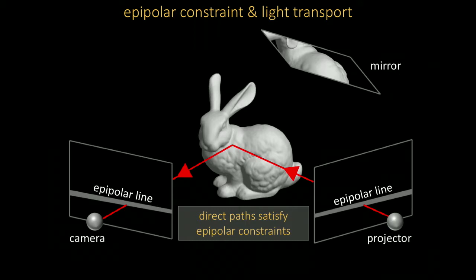These epipolar lines are determined by the geometry of your light source and camera, projector and camera in this case, and it's completely independent of the scene itself. So the scene can have any kind of shape, and it's completely independent of how these direct light paths will have to travel through the scene. That is, it has to start from one epipolar line and end up on a corresponding epipolar line.